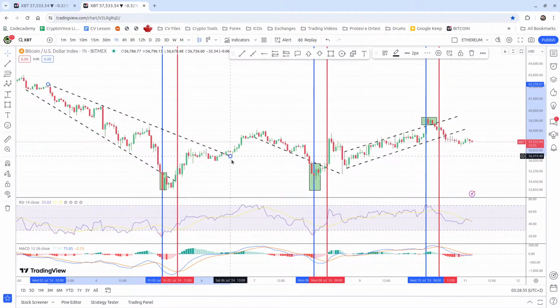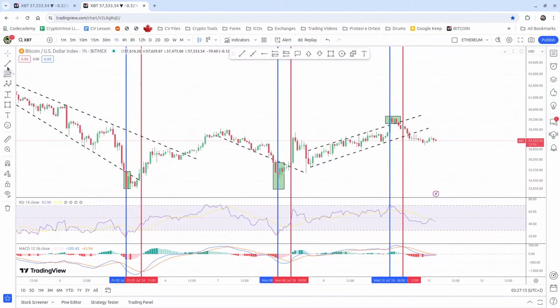So if we have to follow this trend, instead of entering here on RSI or here on the MACD bullish cross, we would have entered here on the break of the downtrend, and we would have just made this little long trade.